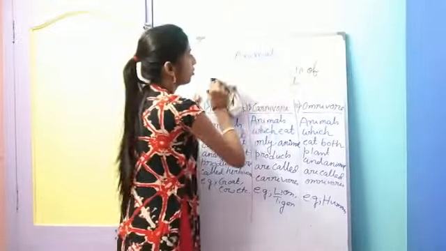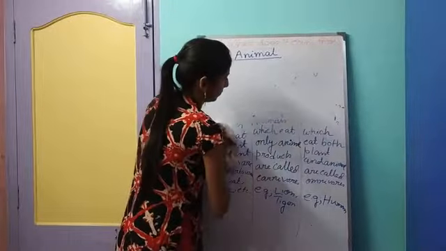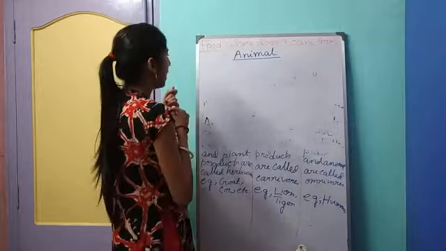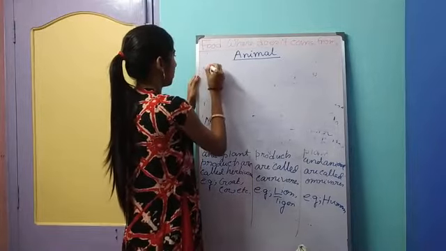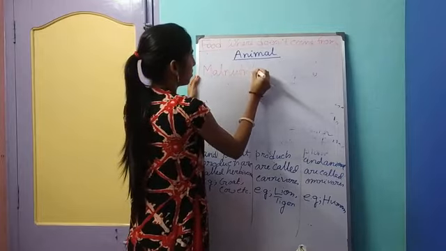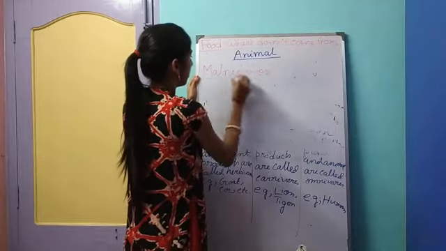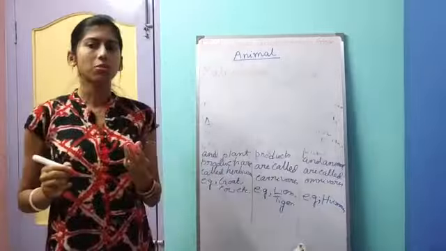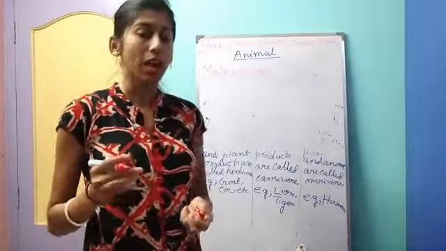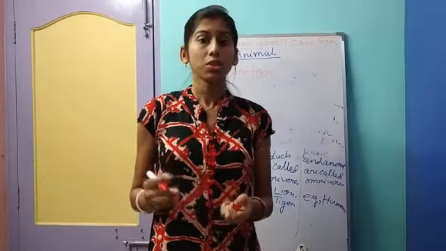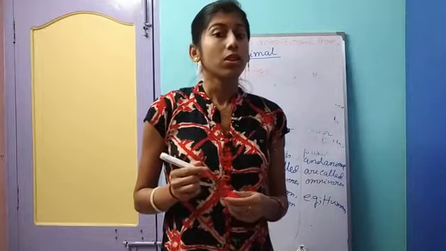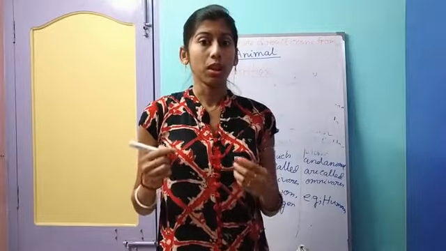So next you have to know one term, that is malnutrition. What is malnutrition? That term means if anyone is not getting the appropriate amount of nutrition or all the nutrients in their food, it will not lead to proper growth and maintenance.